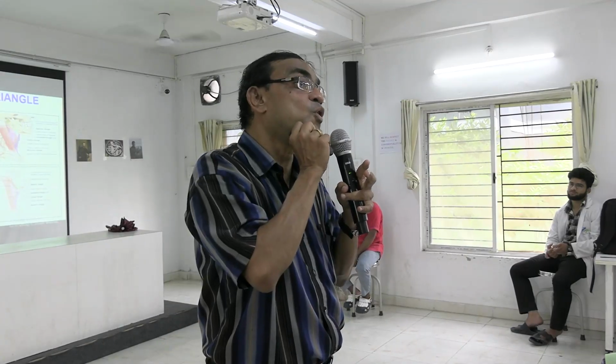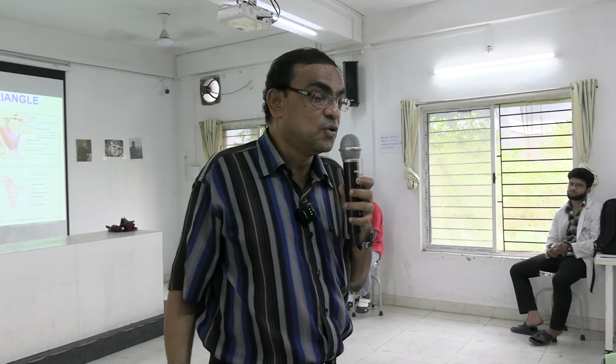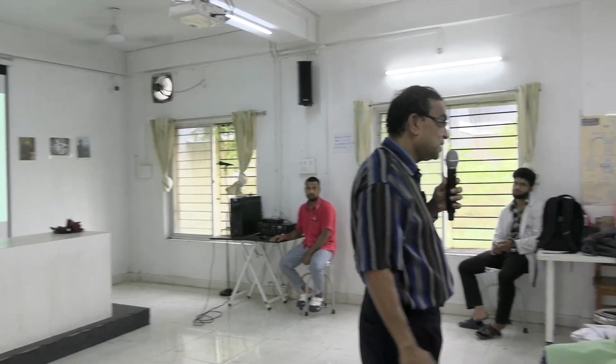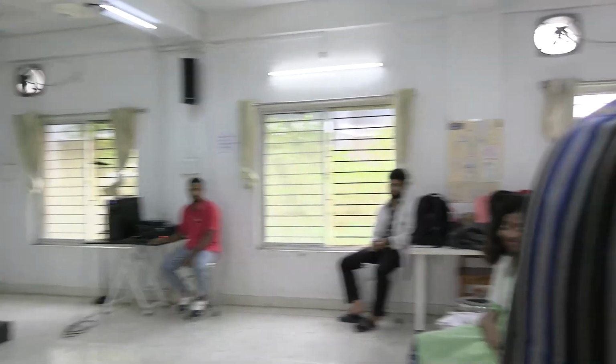This hyoid bone is very important, not only for the anatomist, but also for forensic medicine and toxicology. We know there is FMT, one subject, because in case of hanging, in case of throttling, if somebody throttles, what happens?